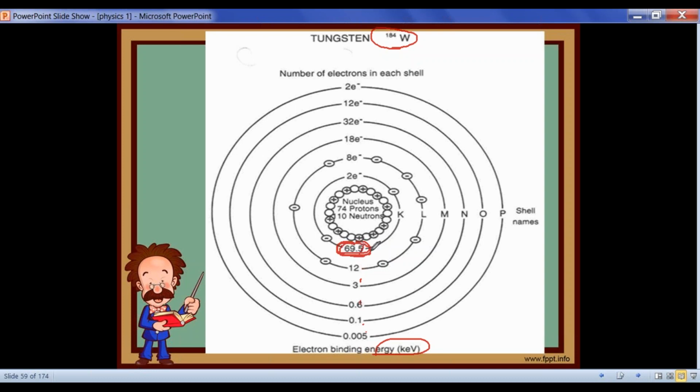So, since ang kanyang energy is 69.5, halimbawa, pag may X-ray po tayo dito, ito po yung incident X-ray. May X-ray po tayo dito, tapos gusto niyo pong i-ionize or tanggalin ang electron from this shell, kailangan po ang kanyang energy, ang energy nito should also be 69.5 or greater.